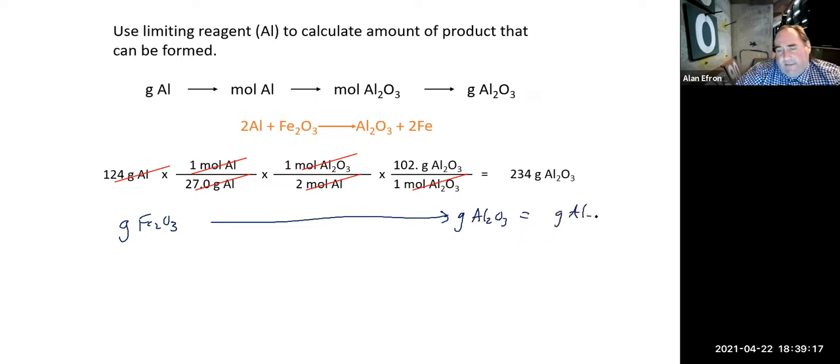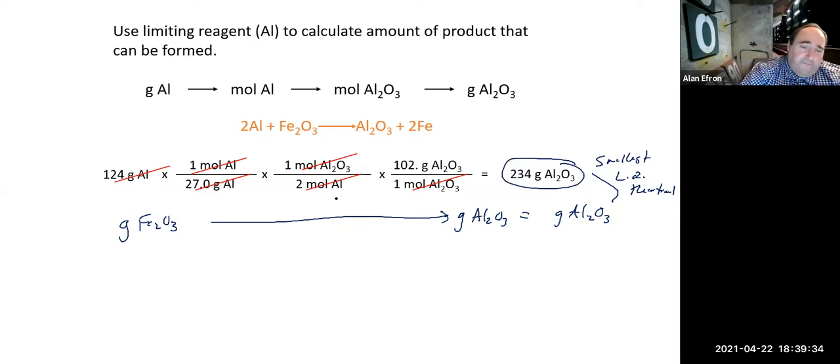You would do two separate calculations and compare, and whichever one is the smallest would be your limiting reagent and your theoretical yield. So that's a very common way as well, which in this case you would see you would make more out of this guy. So those are the three very common approaches.